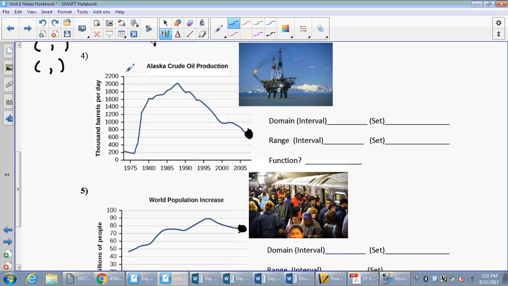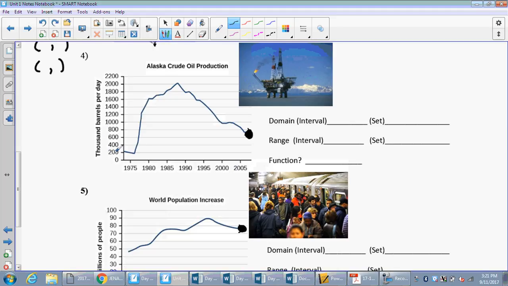This first one is about Alaska crude oil production. So here's a picture of an oil platform in the middle of the ocean. And we're looking at the production from these years. And notice that the Y values are in 1,000 barrels per day.